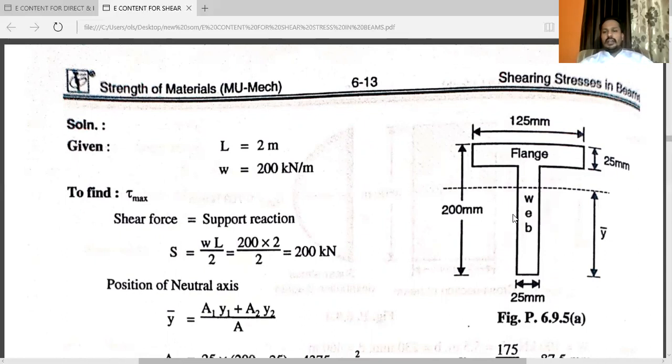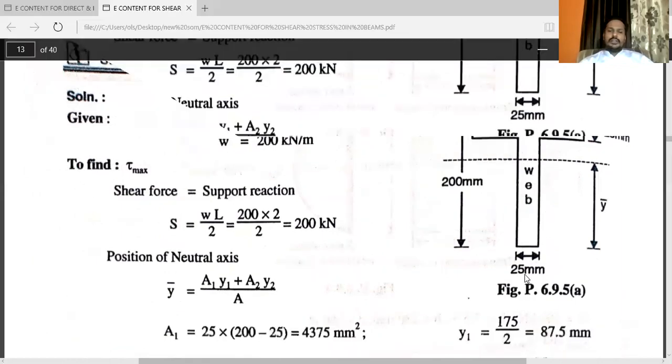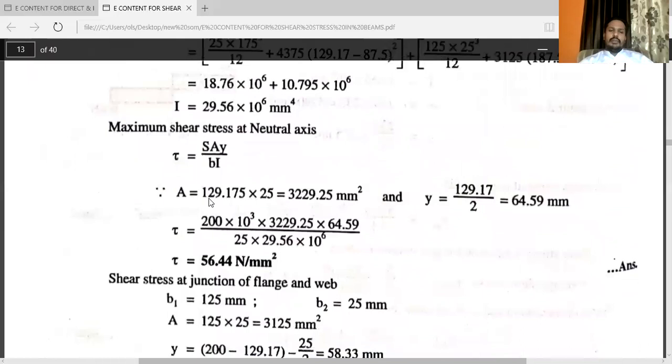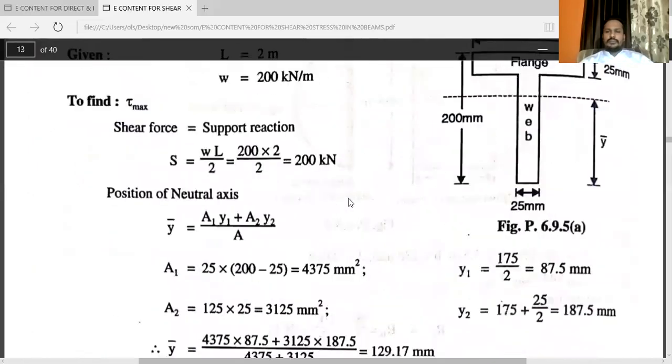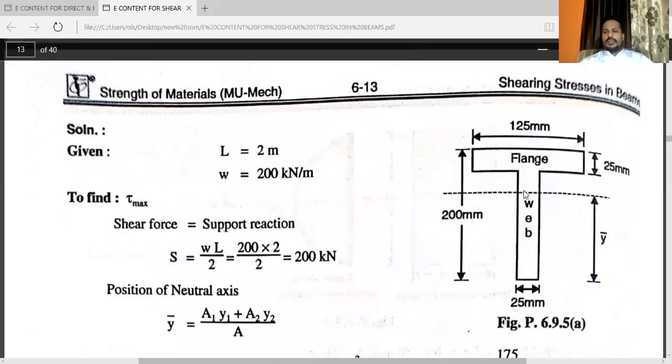This is the rectangle, that is y bar into thickness, that is 25. So area will be 129.175 into 25. So area is 3229.25 mm square.